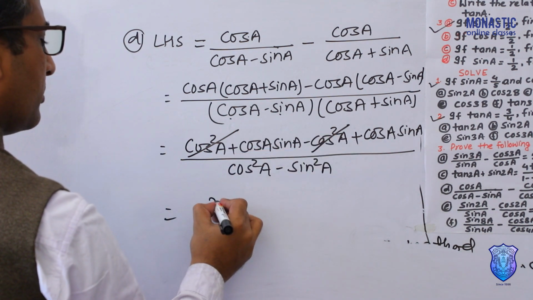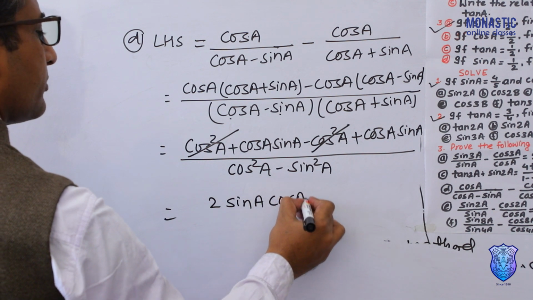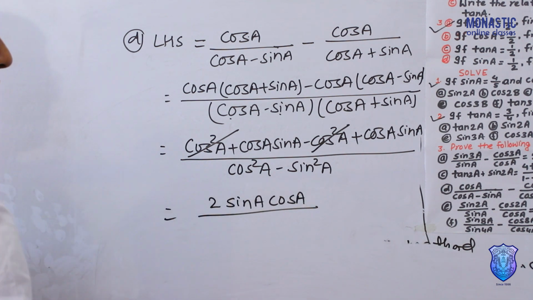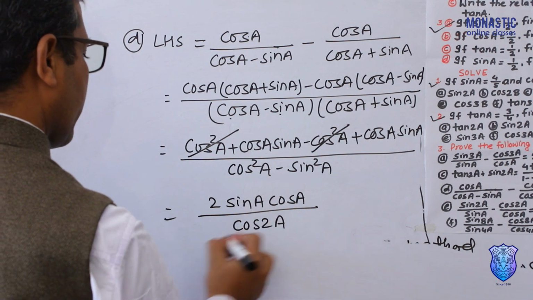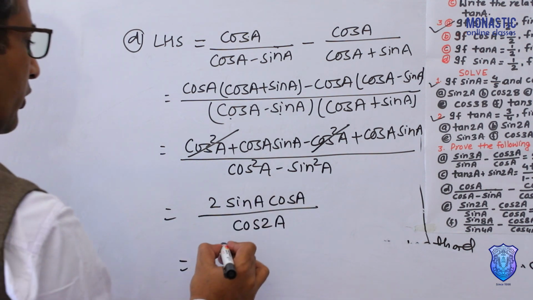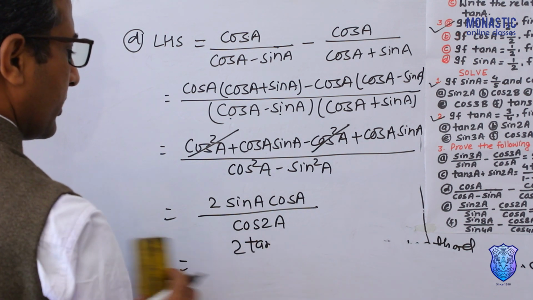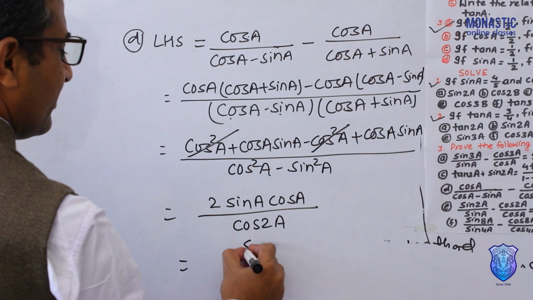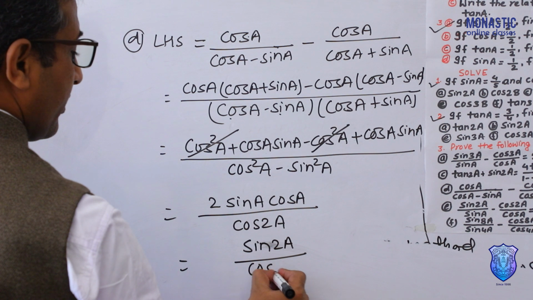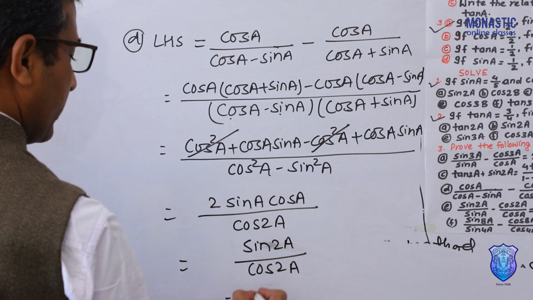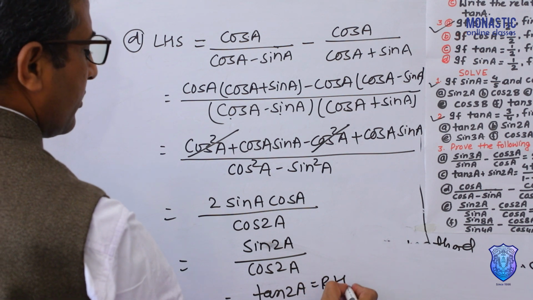These two are the same. 2 sin A cos A. Cos square A minus sin square A, you know the formula, cos 2A. 2 sin A cos A is sin 2A. Sin 2A by cos 2A we have tan 2A. That's the proof completed.